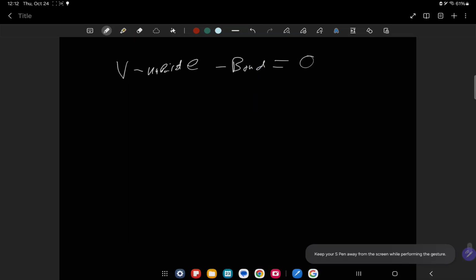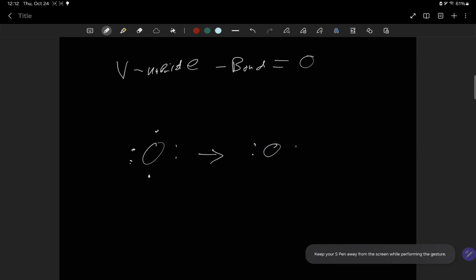Let's try oxygen now. So oxygen has 1, 2, 3, 4, 5, and 6. So for this to be stable, and this is where learning about the electron geometry is going to be important, because it's not going to want to do this.